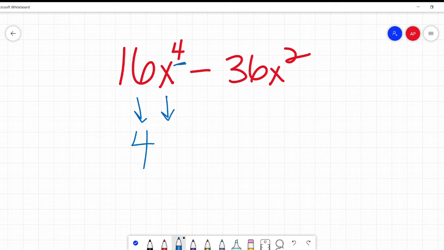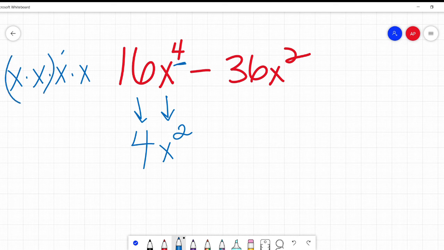Well, is the exponent even? Yes, it is. So it is. We divide the exponent by 2 to give us our square root, x squared. Again, the reason why is because x to the fourth is x times x times x times x. So it is x squared times x squared. And that's the definition of a square. You can take the same thing, take a number or a variable, what have you, multiply it by itself, then that is a perfect square.